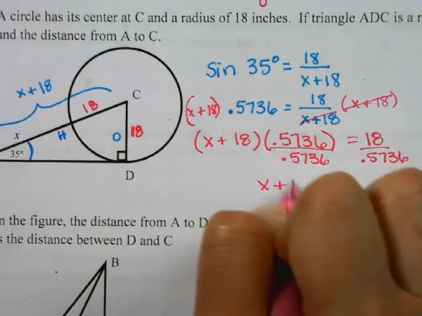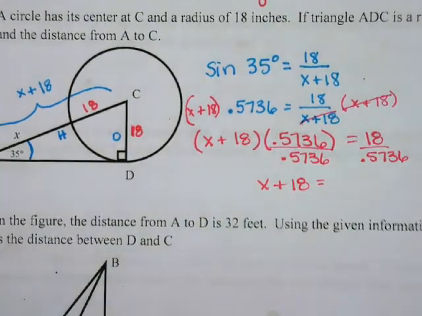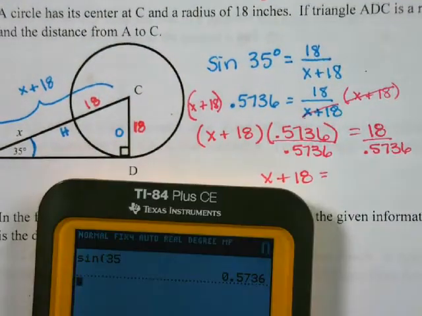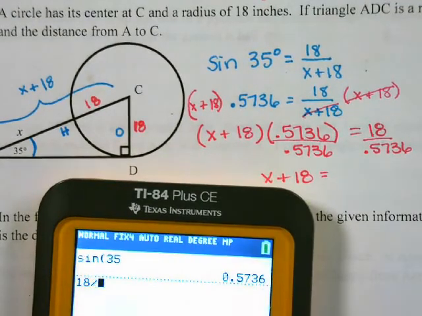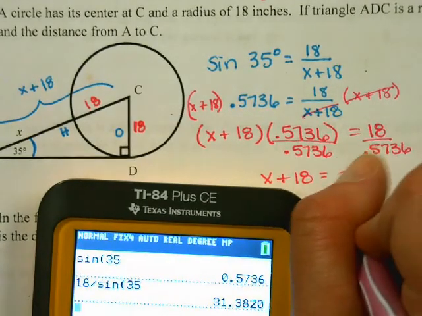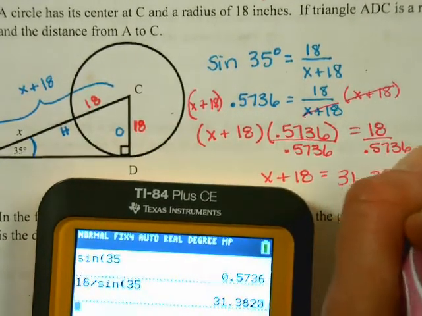So x plus 18, which is the whole hypotenuse, is equal to 18 divided by the sine of 35. 31.3820.